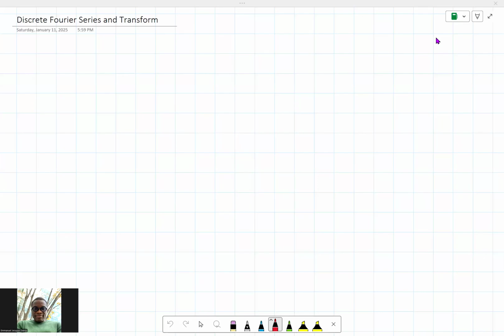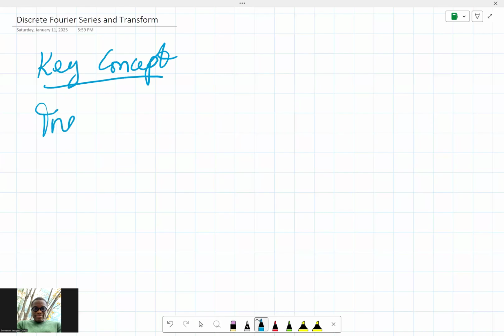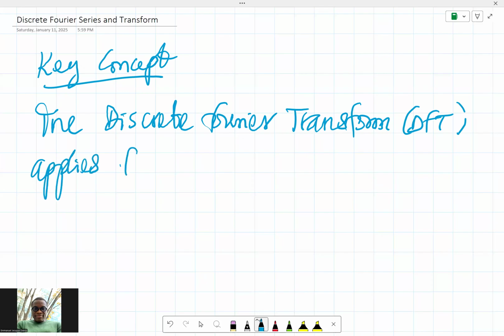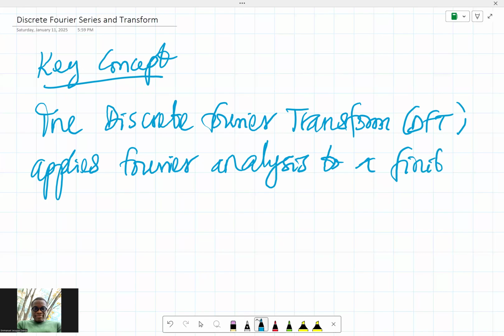So first off, can we talk about the key concept? The discrete Fourier transform, DFT for short, applies Fourier analysis to a finite set of data points.